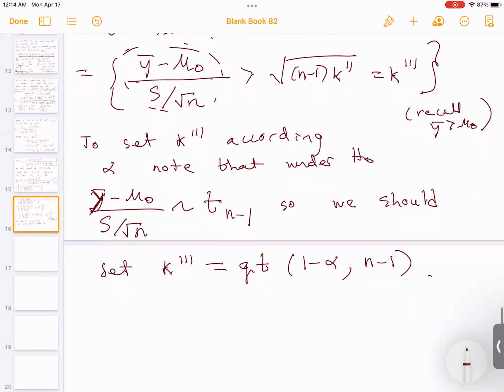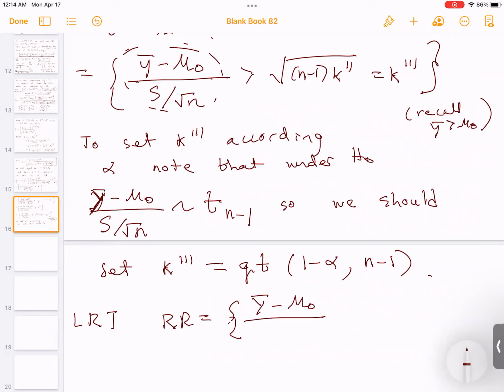We have our LRT. So the LRT is, we reject, right? If, so RR is equal to, I think the easiest way is to just write it like this, put the whole thing over here.